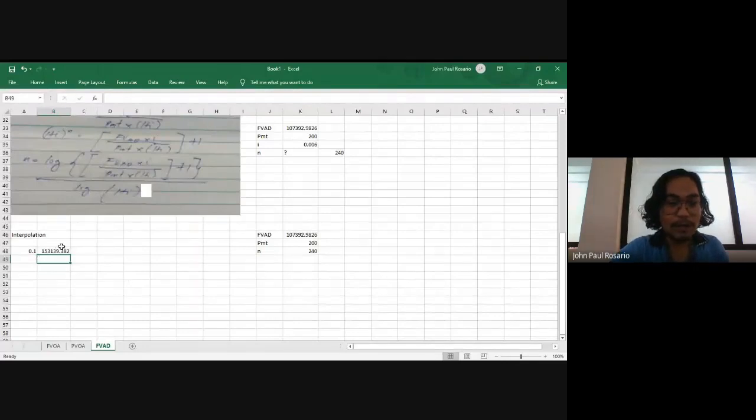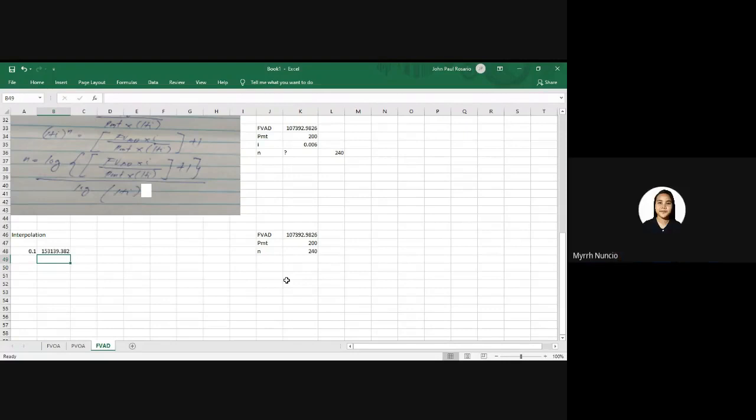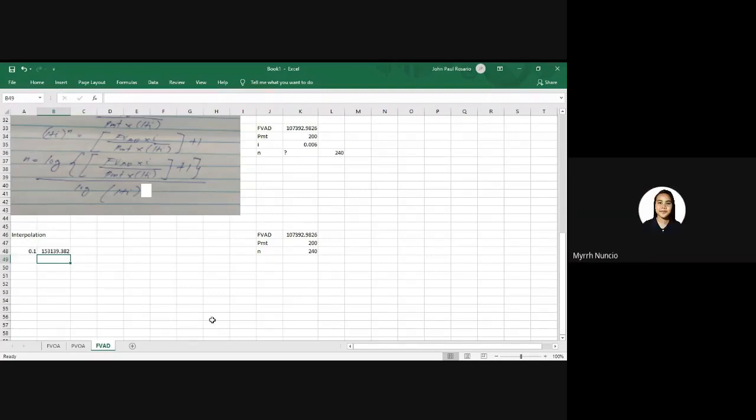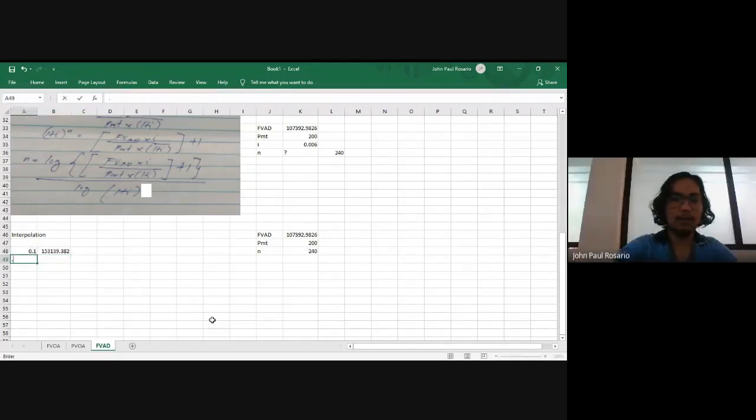Now, 153 is way higher than 107, right? So do we go higher or lower with the interest rate? Lower. So 0.09. That gives 134, still higher, so go lower: 0.08.